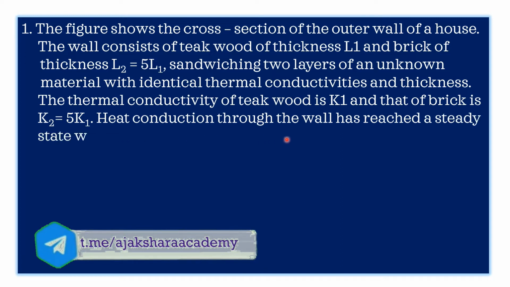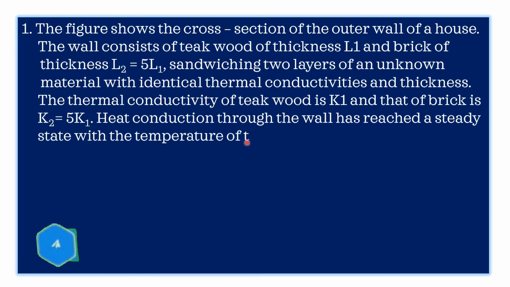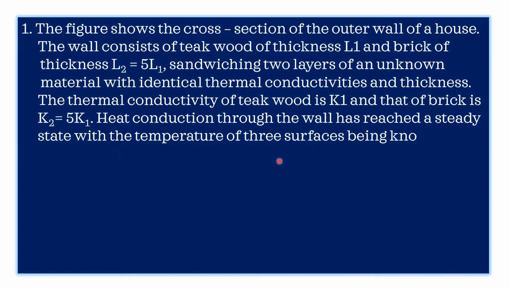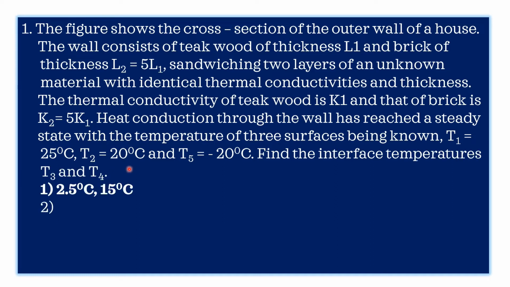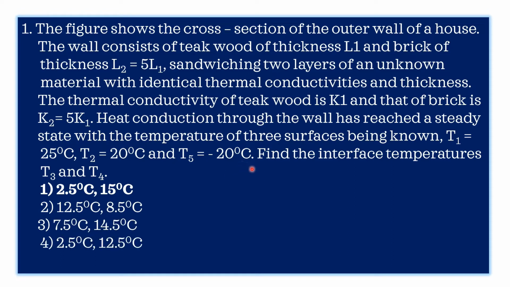Heat conduction through the wall has reached a steady state with the temperature of three surfaces being known. T1 is 25 degree centigrade, T2 is 20 degree centigrade and T5 is minus 20 degree centigrade. Find the interface temperatures T3 and T4.